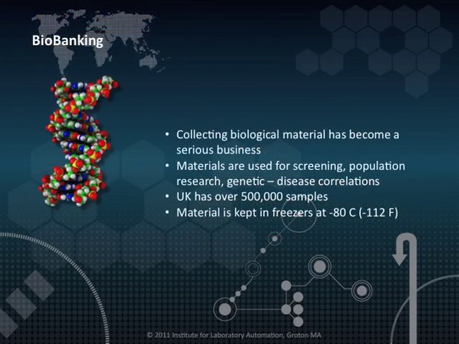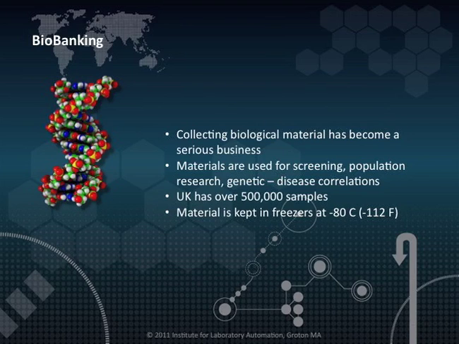Another approach to understanding disease is to look at the genetics of large populations. Companies and countries are collecting large numbers of genetic samples and personal histories in what is called biobanking. Freezers ranging in size from household chest freezers to warehouses hold many thousands of tissue samples that can be used for research purposes.